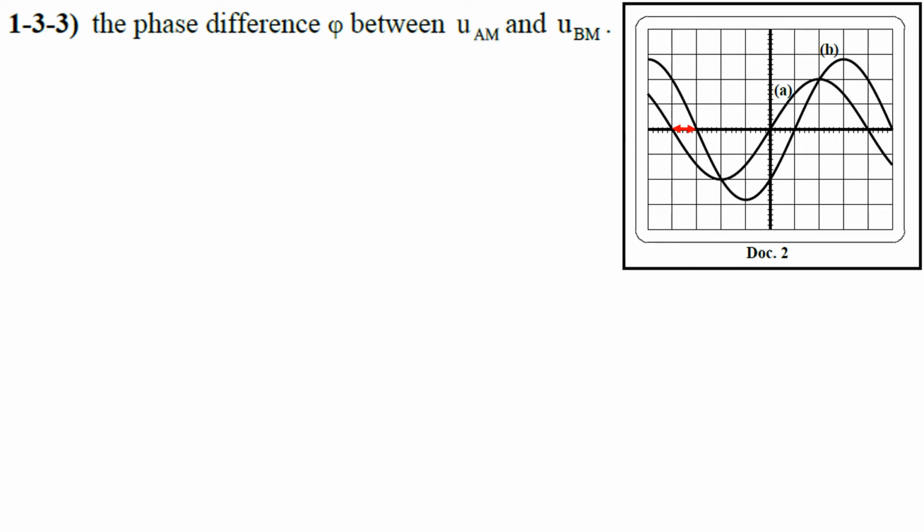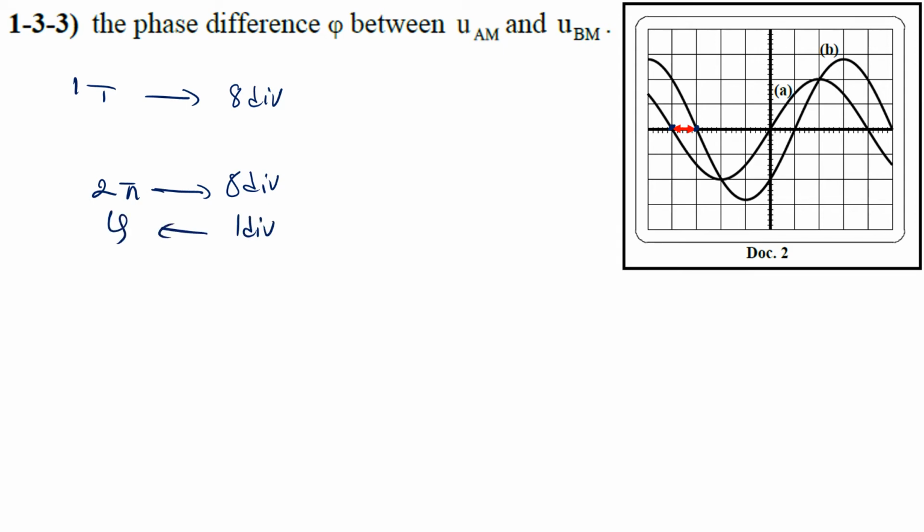Now, when we calculated the period, we noticed that 1 period corresponds to 8 divisions. So I will say now 2 pi corresponds to 8 divisions. The phase difference is from this point to this point, which is 1 division, will give me the phase difference.